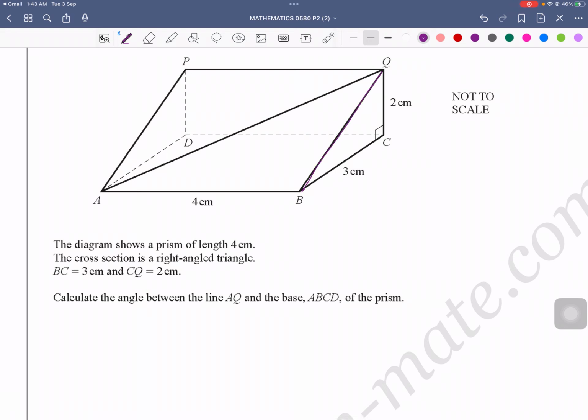Because that is a crucial length, and that is basically the hypotenuse, the length BQ. So length BQ, or hypotenuse, will be equal to the square root of perpendicular squared plus base squared. So this is equal to root 13.